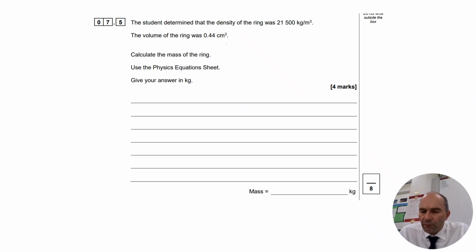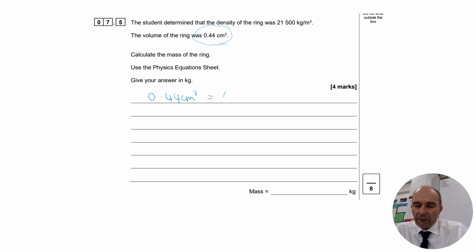We've got the volume in 0.44 cubic centimeters. We need that in cubic meters. So we need to divide by 100 times 100 times 100, which means we need to divide by 1,000,000 to turn 0.44 cubic centimeters into cubic meters.